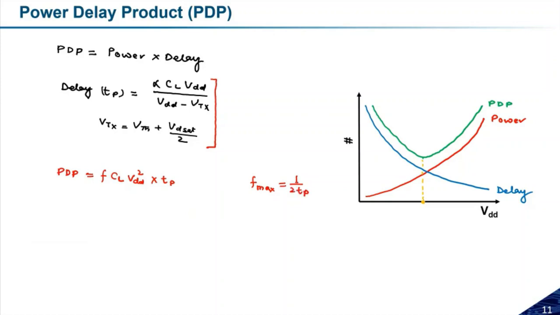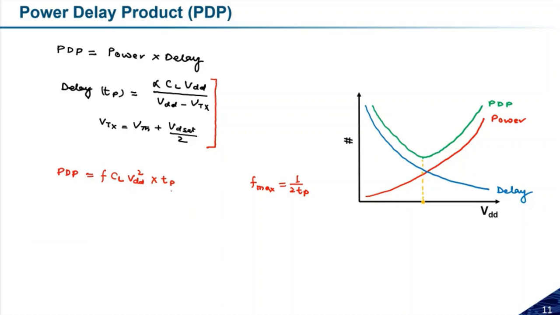Like what is the operating frequency of any circuit, that depends on what is the delay. Okay, so the maximum operating frequency that any circuit can offer can be calculated with 1/2 TP. If the delay is very small, then the frequency can be very high, and vice versa. So the maximum frequency that we can have will be 1/2 TP.